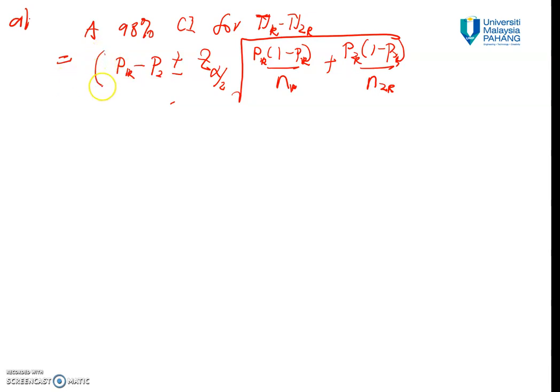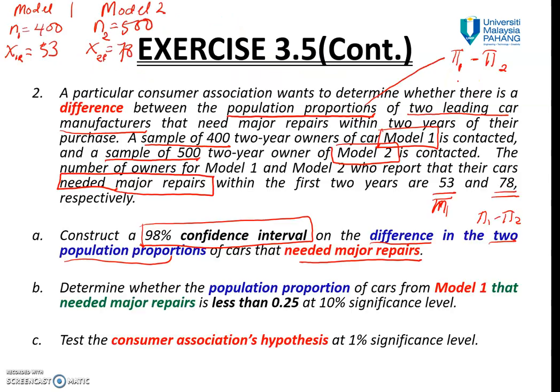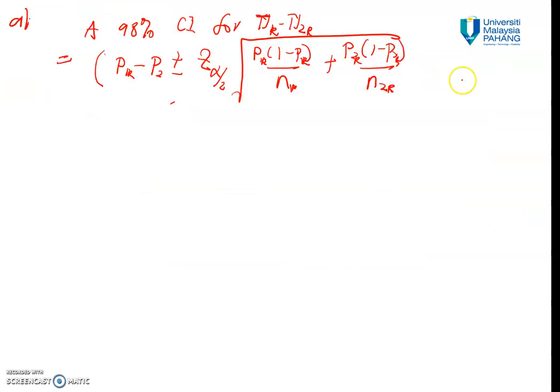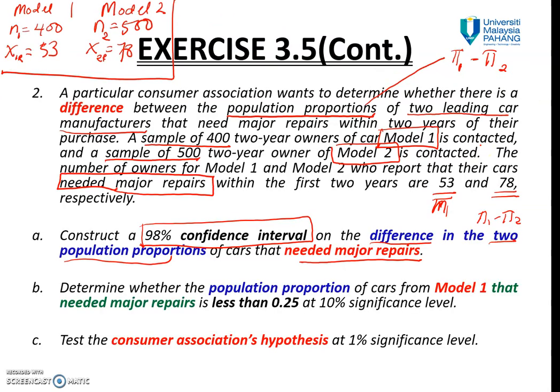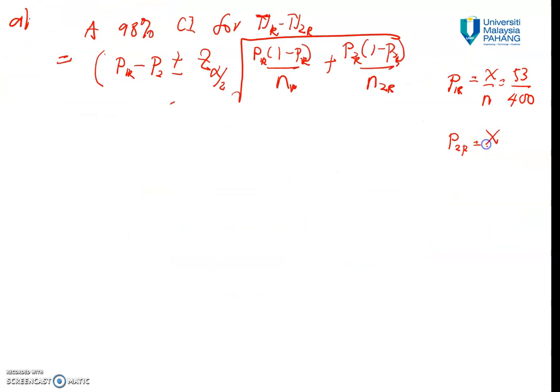If you look from the previous slide, this information is very important. From here you can get your P. So P1R will be X over N, which is 53 over 400. And then you will have P2R, which is 78 over 500, X over N as well.